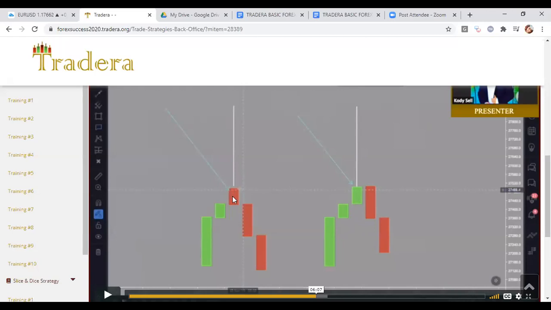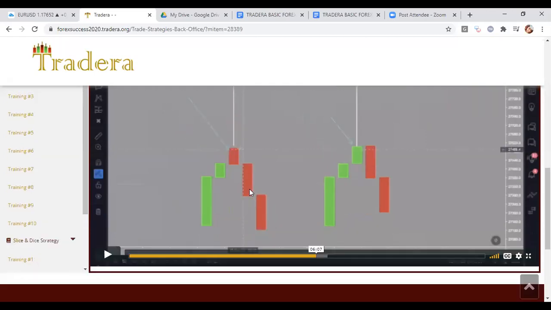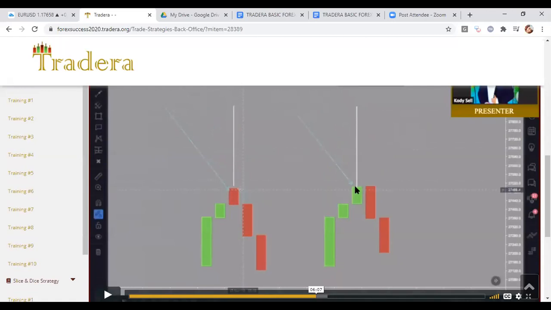Same thing here. This is a bearish candle, but price came all the way up here, couldn't sustain itself, and went down. So all bearish exhaustion candles, the wick is on the top.